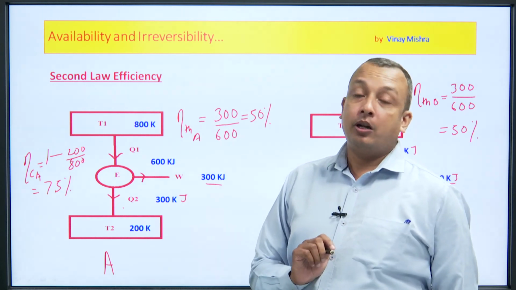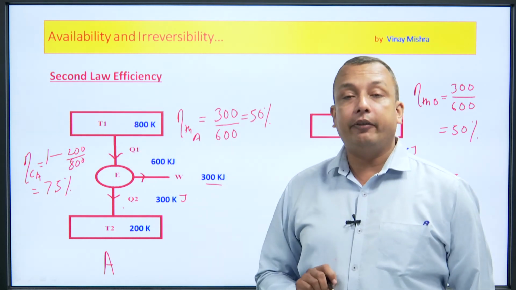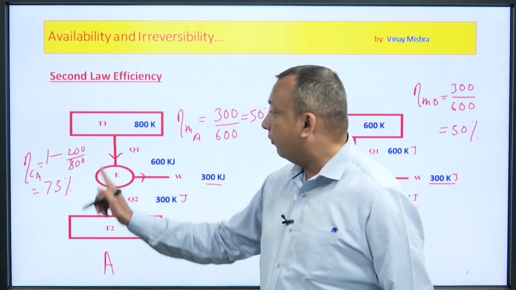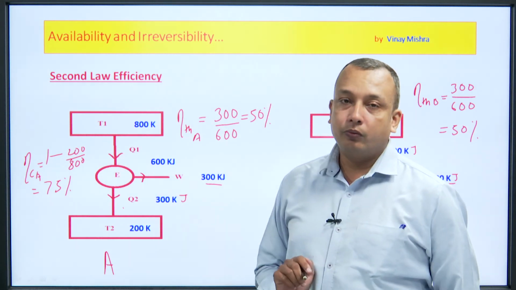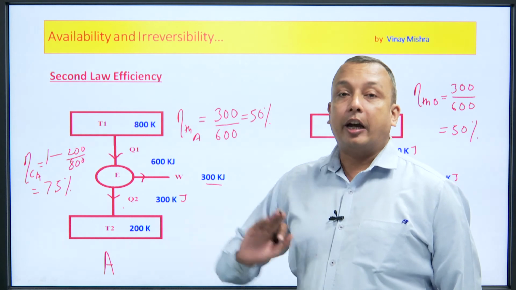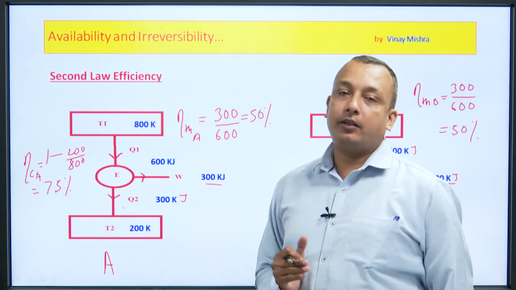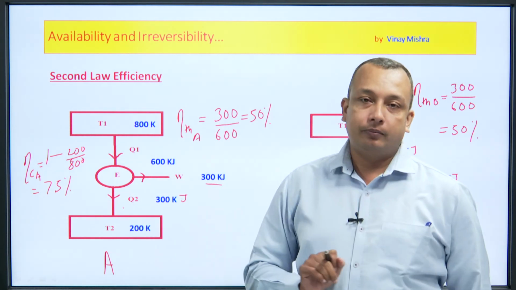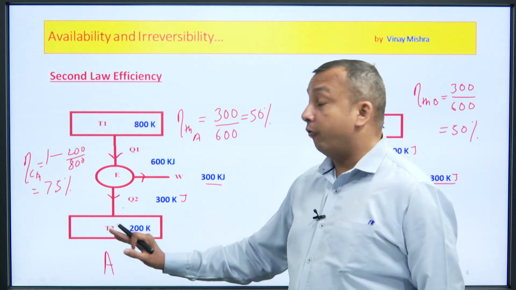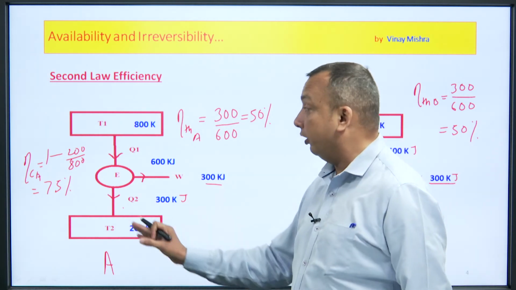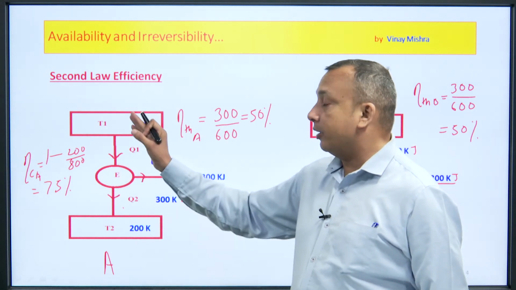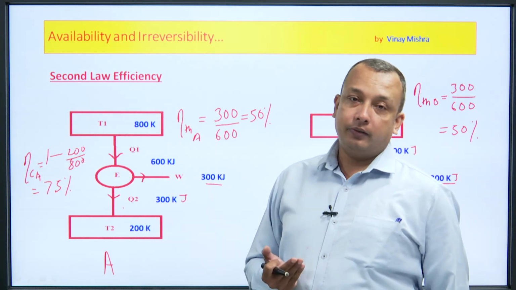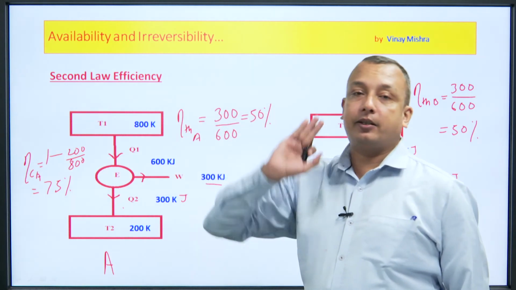That means for the given condition of T1 and T2, this engine can perform at best in such a way that its efficiency becomes 75%. That means, if it is performing very well, when the temperature difference is like this, it can generate efficiency up to 75%.